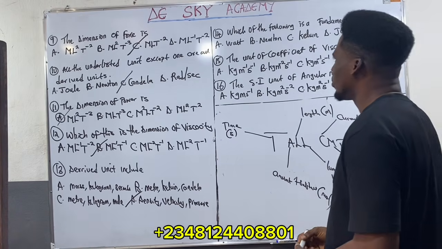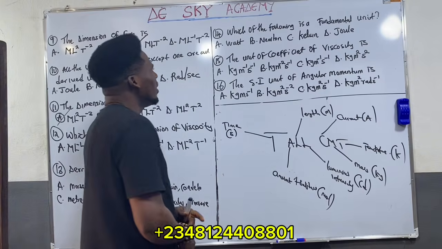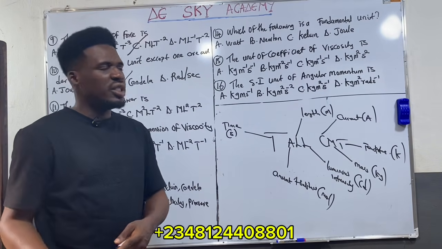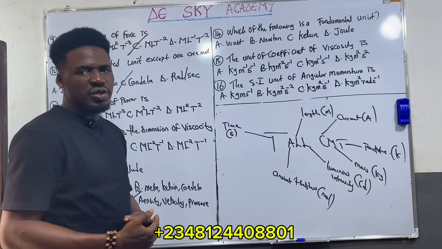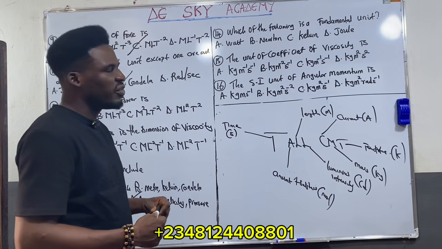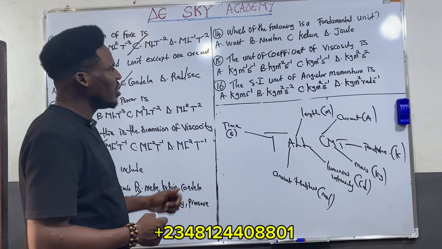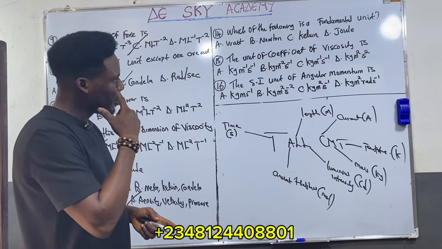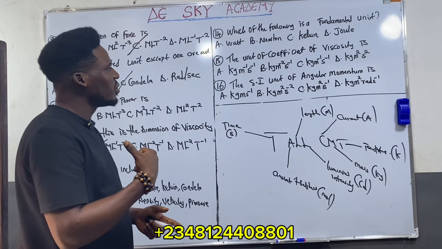Number 14. It said, which of the following is a fundamental unit? Option A, watt. Option B, Newton. Option C, Kelvin. Option D, joules. Now look at the options. Watt is a unit of power, and power is a derived unit.